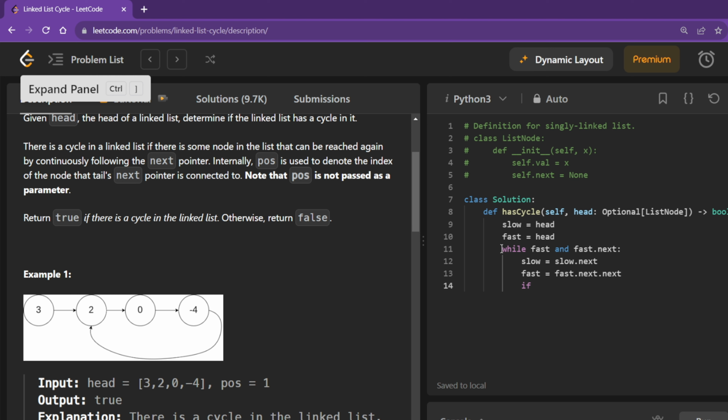And if they meet each other, then we return true, which means it has a cycle. By default, if it doesn't meet the two conditions in the while loop, we're going to return false. Okay, submit.